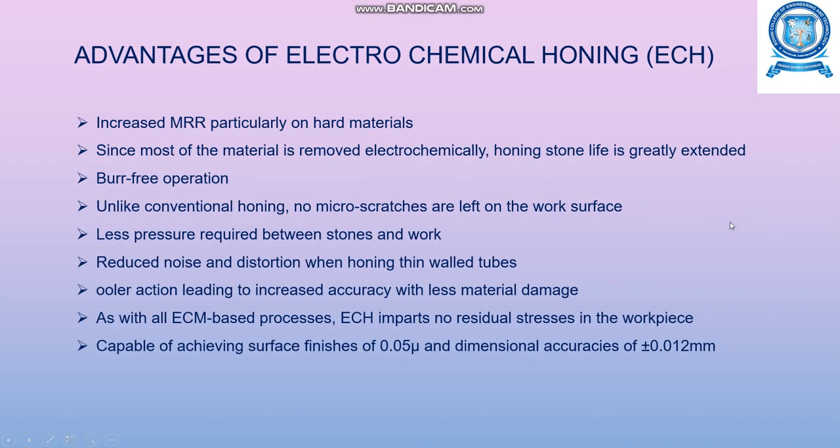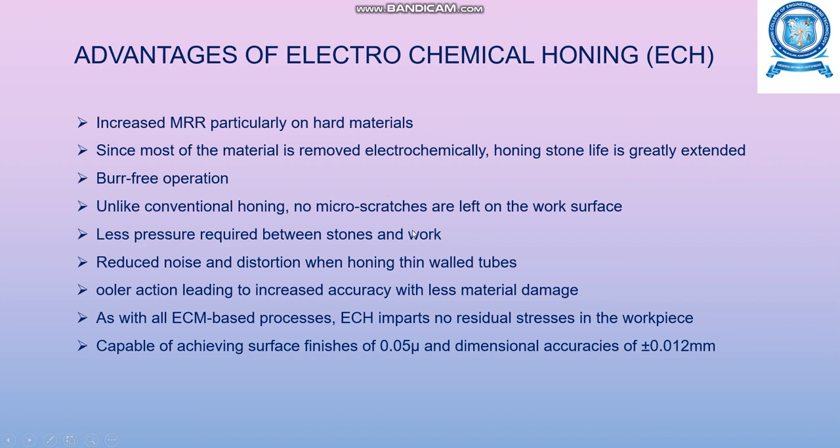So the advantages of electrochemical honing: increased metal removal rate, particularly on hard materials. Since most of the material is removed electrochemically, honing stone life is greatly extended, and the operation is burr-free.